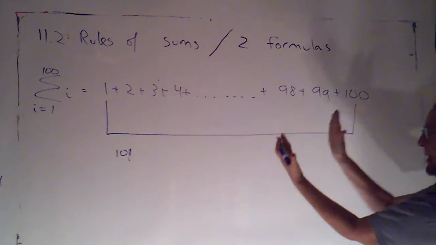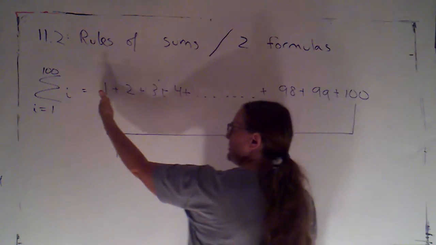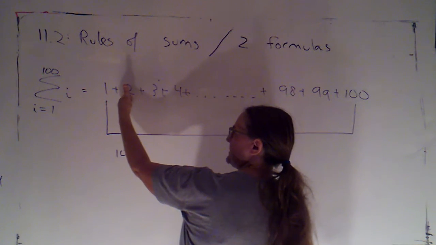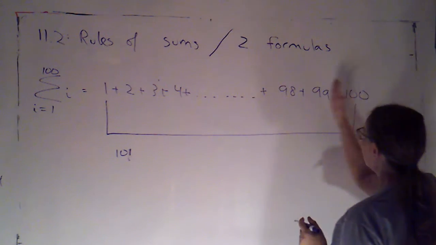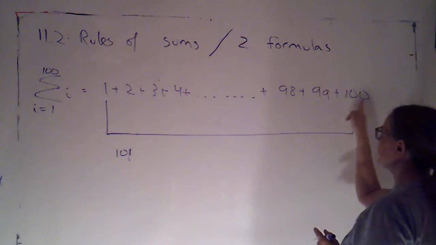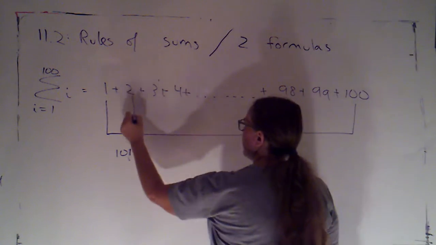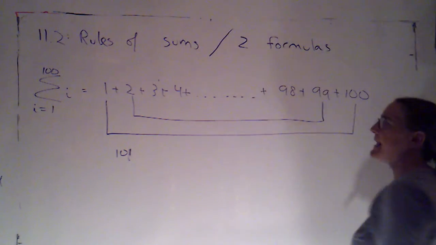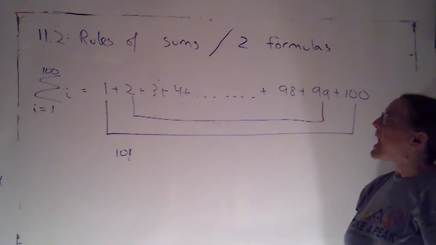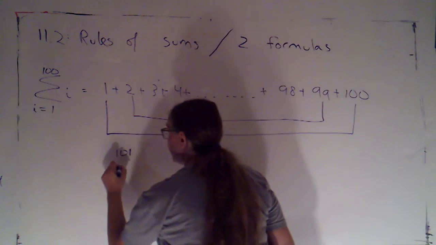And then I'm going to work my way in. So I started with the first term on the left, I'm going to move to the second term, and I'm going to come one term in over here. So instead of the last term, the next to last term. I'm going to add 2 plus 99. That's 101 as well.